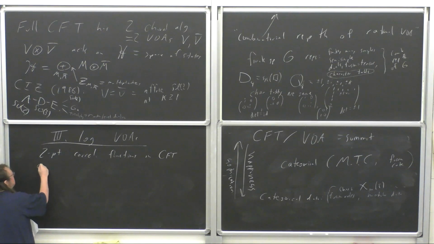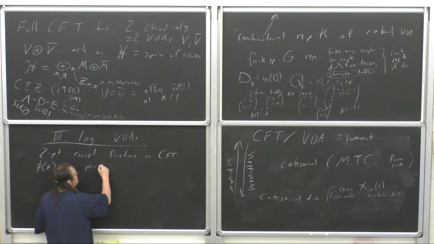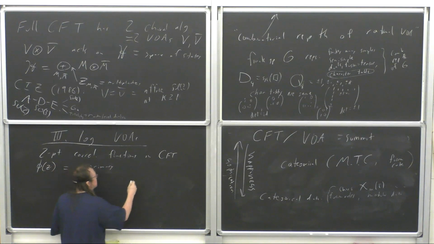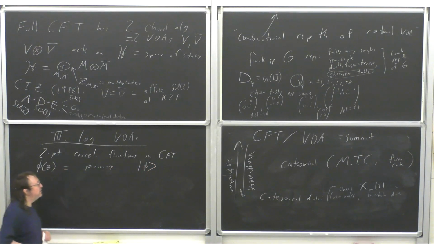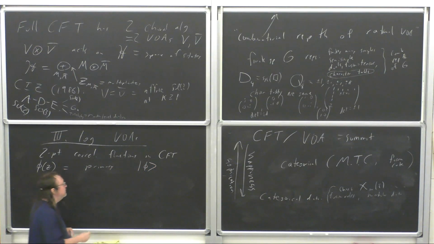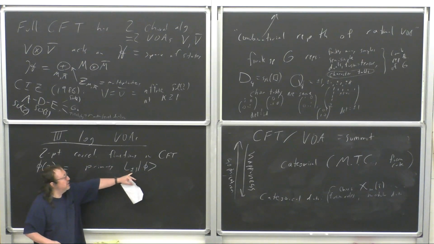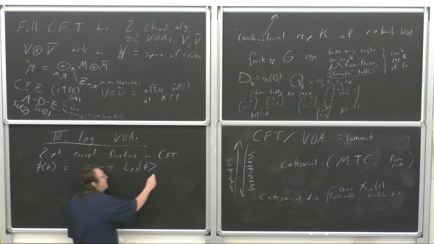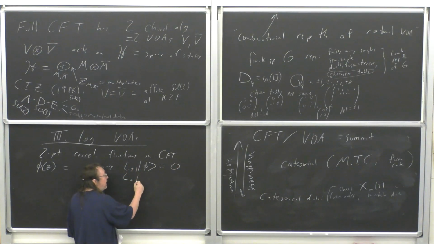So let's choose our favorite quantum field, our favorite vertex operator. I'll write it in this way because it's a little bit more concise. I'm going to require that this be a primary. This just means that the state that corresponds to this, by the state-field correspondence, is going to be killed by the Virasoro operators L plus or minus 1 and L naught.